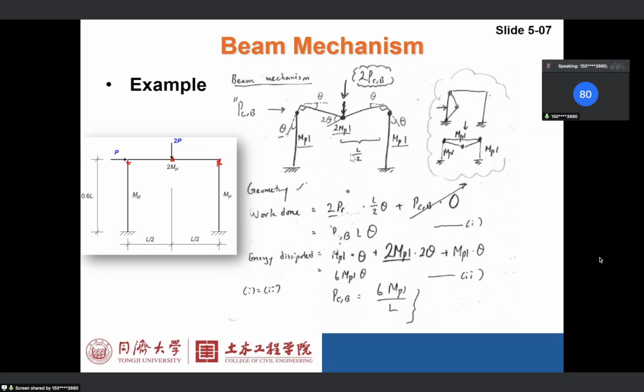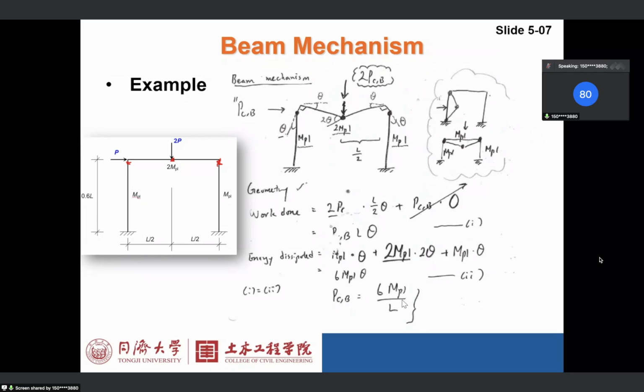So based on this equation, we get the collapse load PC, which is 6 MPL over L. This is the PC calculated based on the beam mechanism, so we say it's PCB. Remember this symbol: PC, comma B. B means beam mechanism. So this is the first value of PC we get, 6 MPL over L.